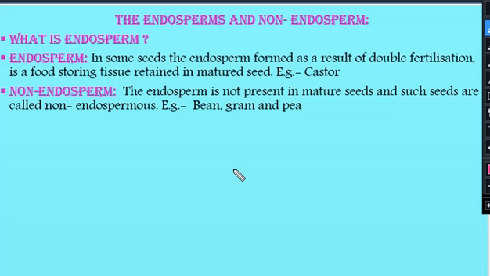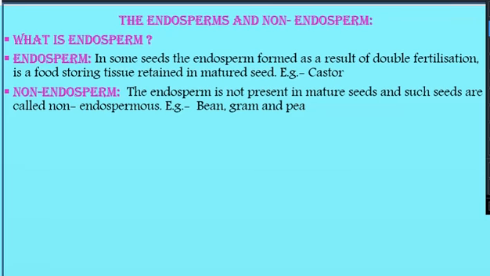Now the question comes into your mind: what is endosperm? The endosperm is a nutritive tissue that nourishes the developing embryo. In some seeds, even after the complete development of the seeds, the endosperm is retained. Such seeds are known as endospermic seeds.